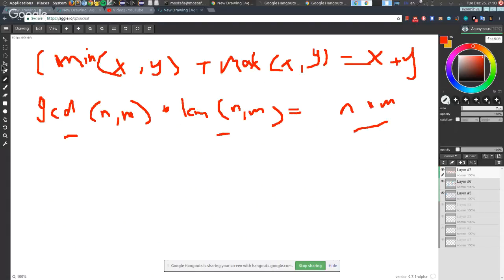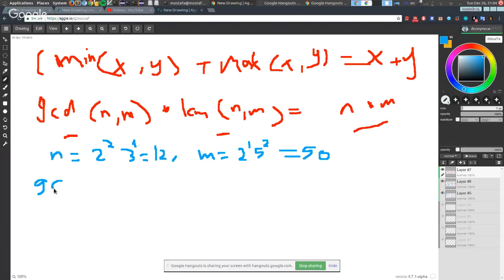So, to give an example about this, let's say we have n equal to 2 power 2, 3 power 1, which is 12, and m, which is 50.